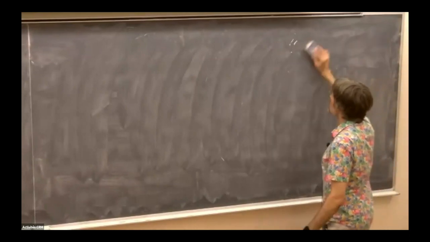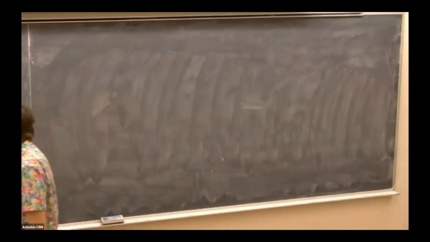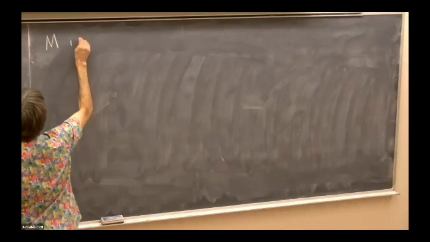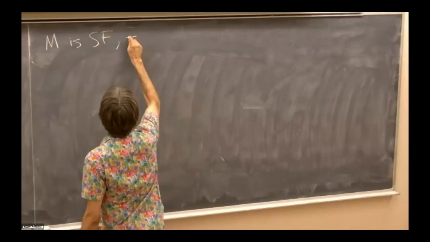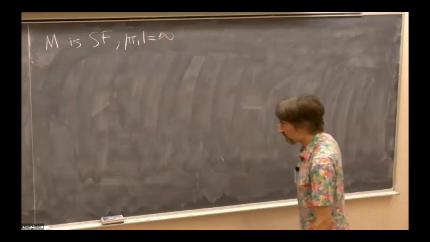Why are these pleasant things to deal with? Well, they reduce the dimension. If I have a Seifert-fibered manifold with an infinite fundamental group, or something like the 3-sphere, then it's even simpler.